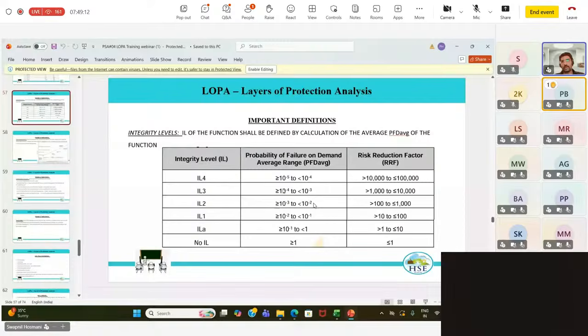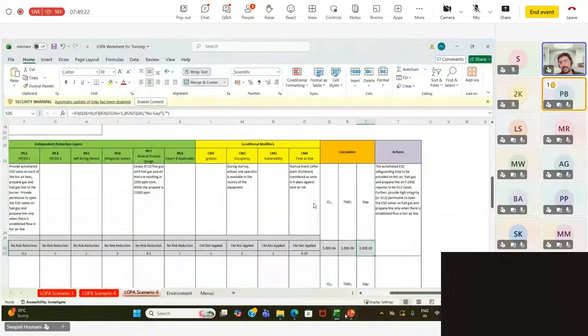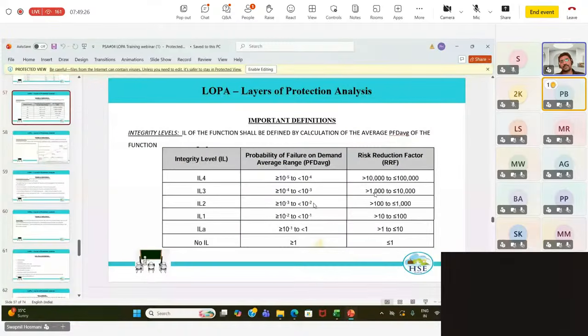In our case, you have a value of 2 into 10 raised to 3, and that falls into this region. That is 2000, which falls between greater than 1000 and less than 10,000. So that is how we are reaching our SIL level of SIL 3.